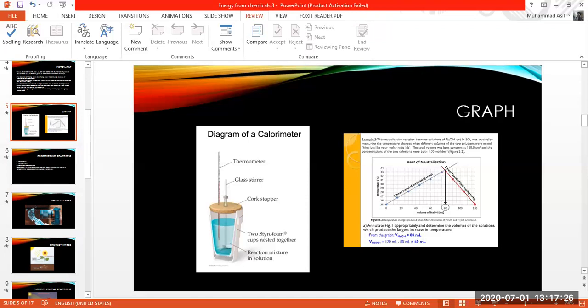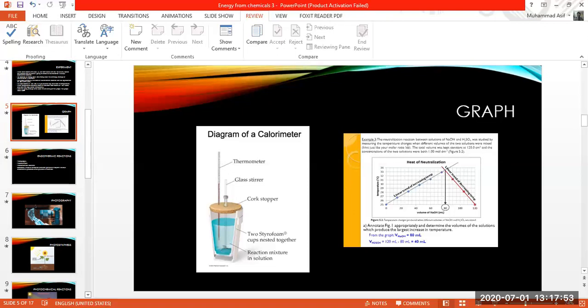And so many questions regarding neutralization reaction can also be taken. As we have already learned in the previous videos, whenever oxygen is involved as a reactant in a certain chemical reaction, all those reactions are exothermic.